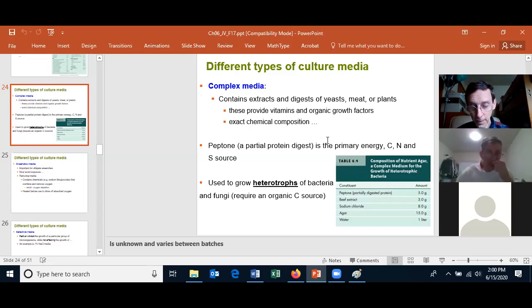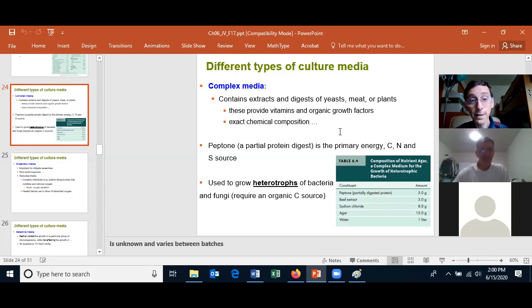But like Streptococcus pylori will not grow in nutrient agar or nutrient agar with yeast extract because it's fastidious, and we have to have a very complex media adding the growth factors that it requires.